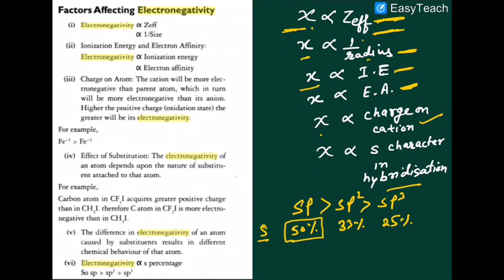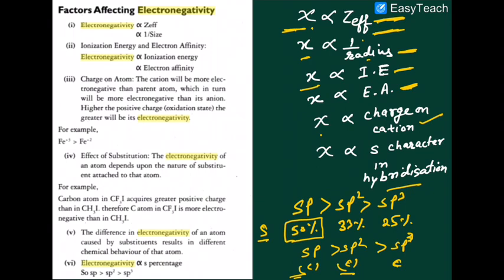Let us suppose the carbon atom is of three types: sp carbon, sp2 carbon and sp3 carbon. Although the atom is the same, due to hybridization, sp carbon is more electronegative than sp2 carbon. So that is very, very important.